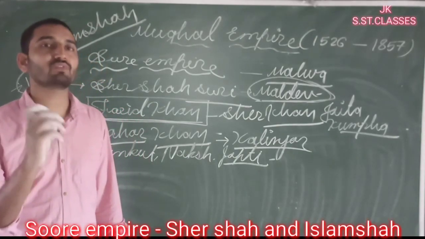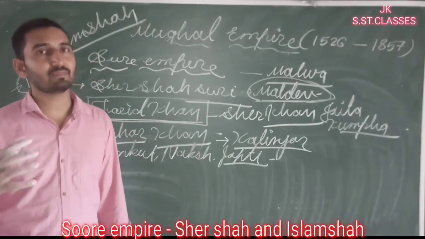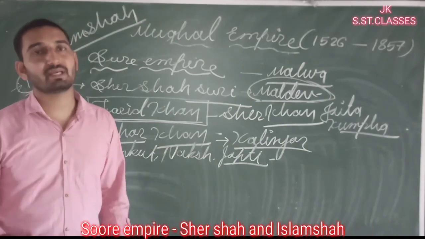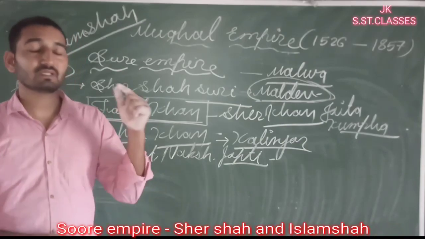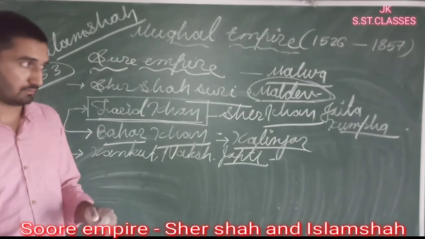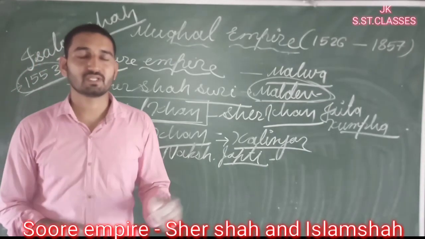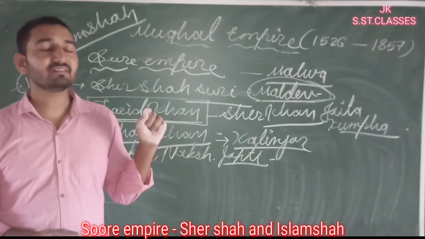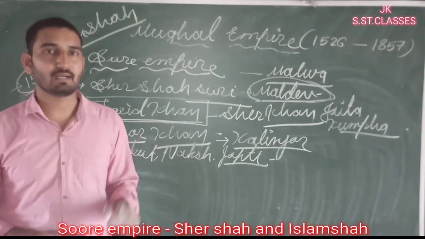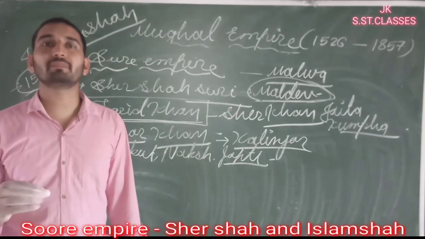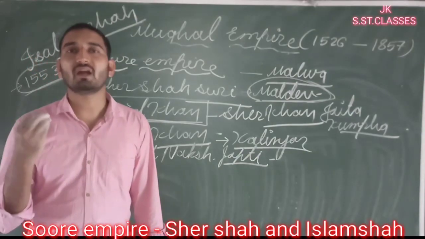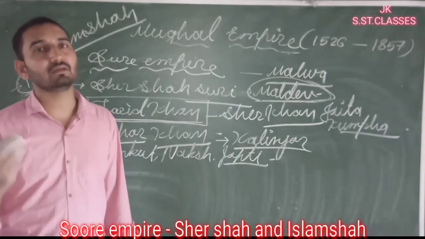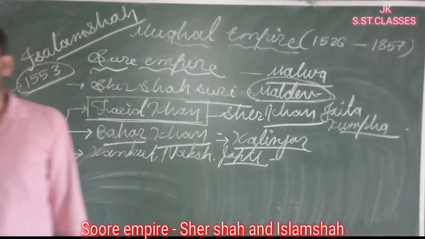NH1 is the same road which in the history time was known as the Grand Trunk Road or the Sher Shah Suri Road. Along with that, Sher Shah also constructed his mausoleum in Sasaram, Bihar, which is influenced from the Hindu temple architectural style and looks like hand drawn.